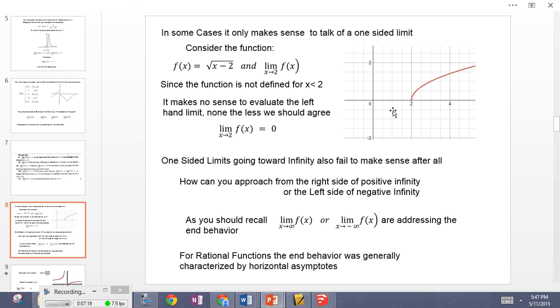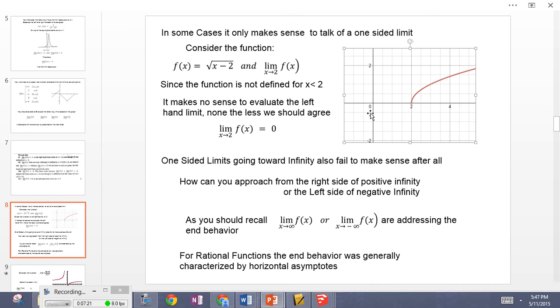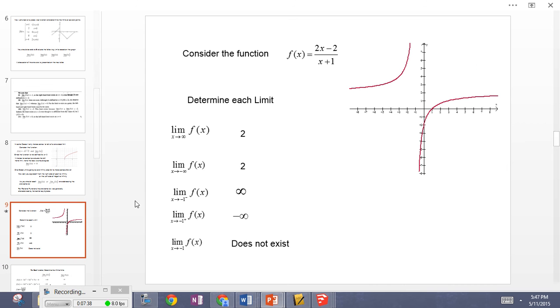The left side isn't even worth mentioning. And of course, hopefully you have an intuitive understanding of that, which does not leave you questioning why we have to do that. Same thing with going towards infinity. We're not going to come from one side of infinity and then the other side. It just doesn't exist.